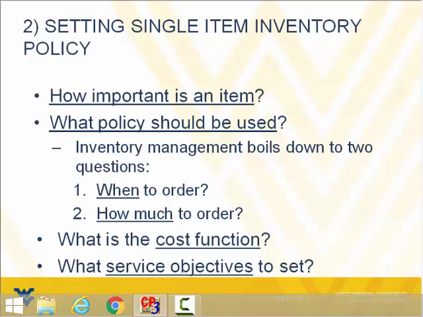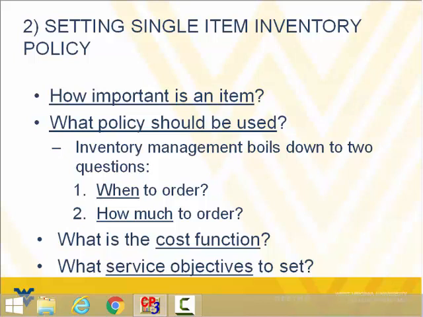So I'll give you a clue. The cost function is the objective function, right? Yeah? So where would these two fit in a mathematical program? When to order and how much to order? Exactly, the decision variable.